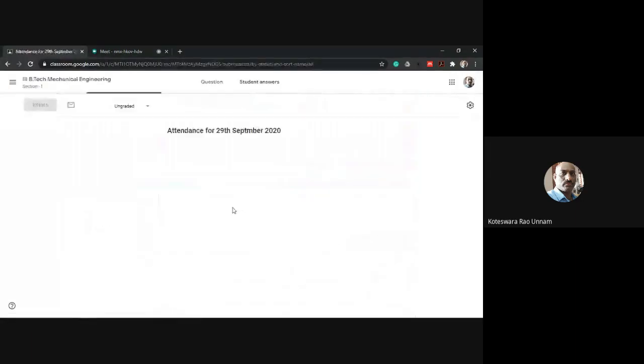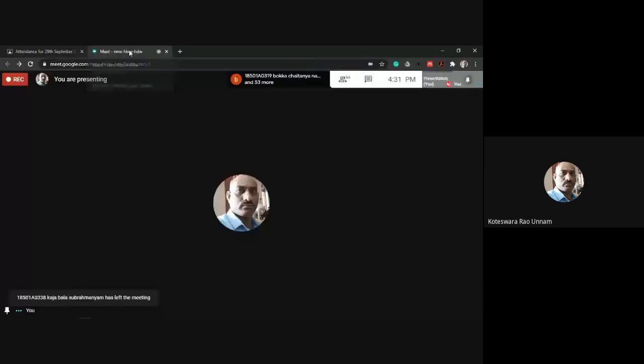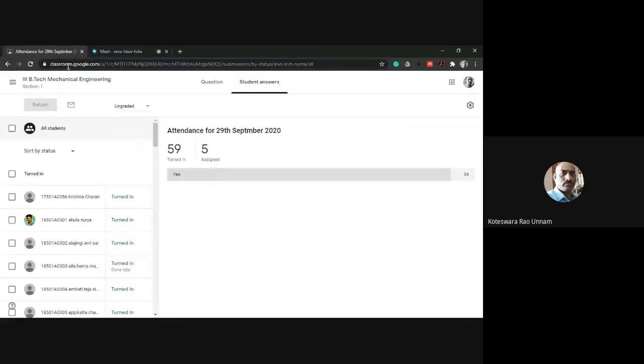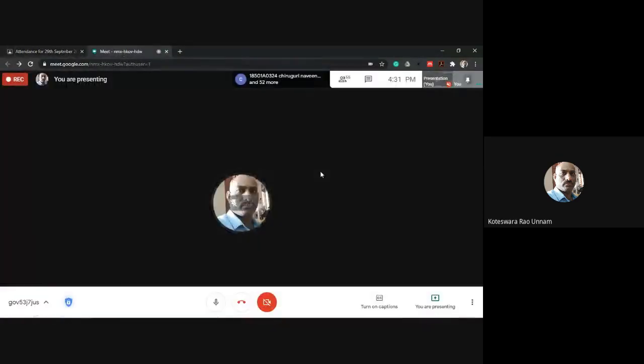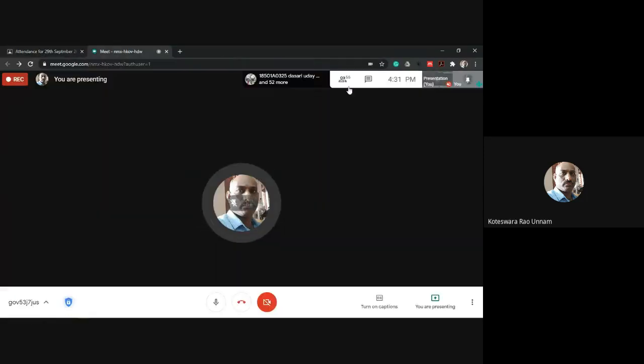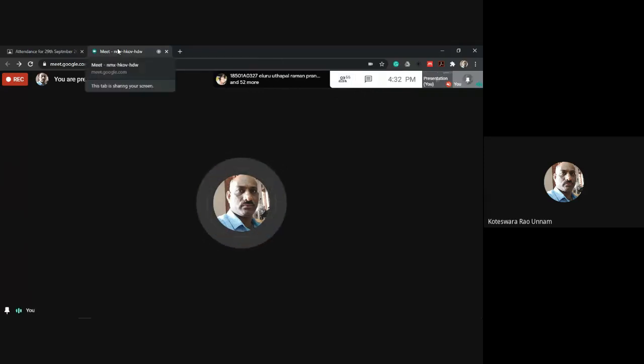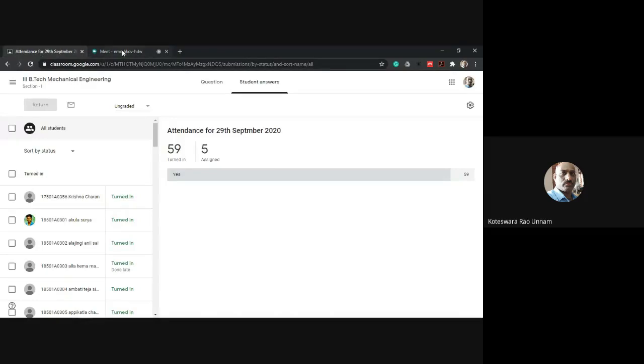I think the attendance sheet is already there. Already 60 members have given the attendance. I don't know whether you are following the class or just giving the attendance. Here 59 have given the attendance, but in the class only 53 members are there. So what happened to the remaining 6 members? Just for the sake of attendance, you joined and then left the class.